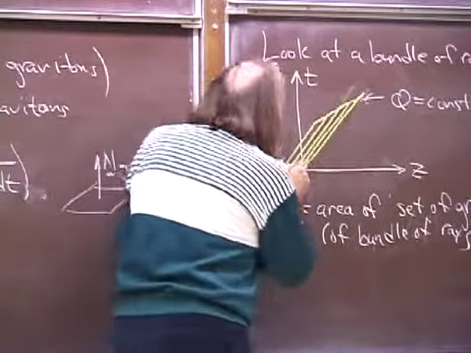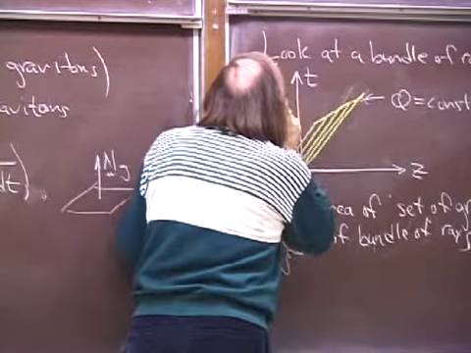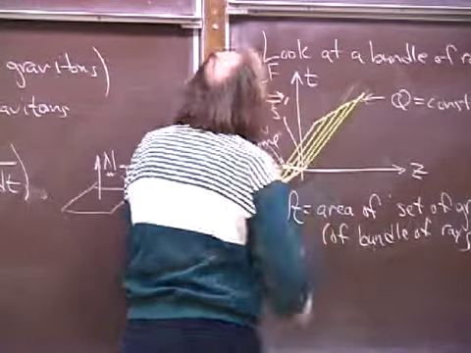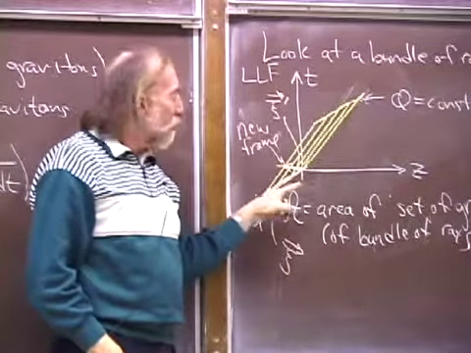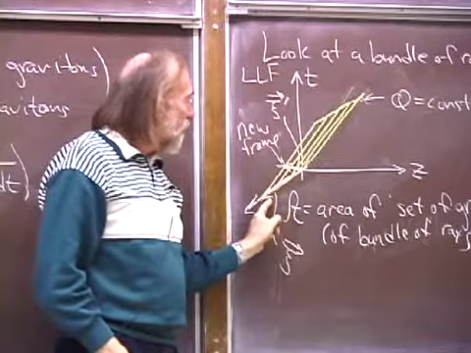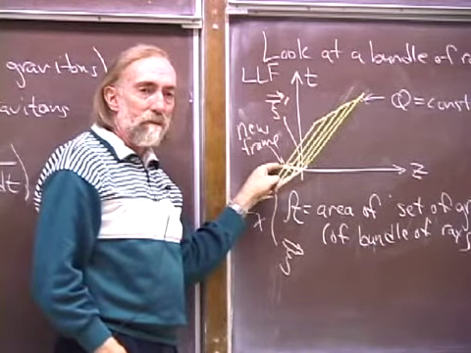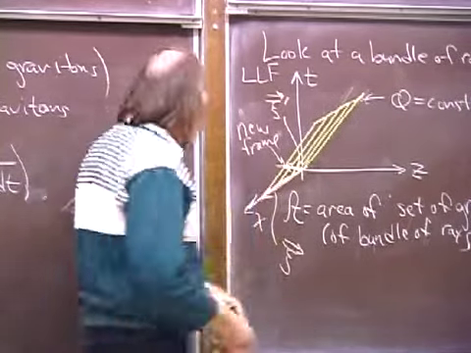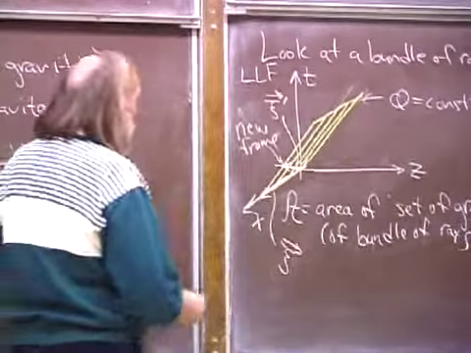And similarly, there's a purely spatial vector xi prime as seen in the other reference frame. And my claim is that the length of xi and the length of xi prime are the same. The way to prove this is to look at the difference between xi prime and xi.